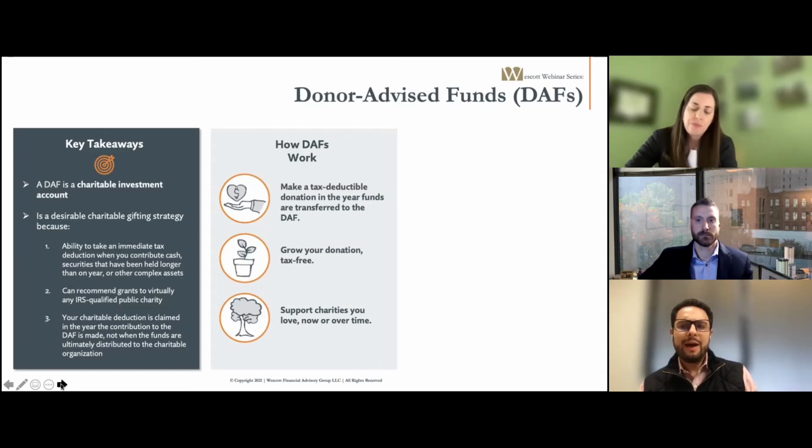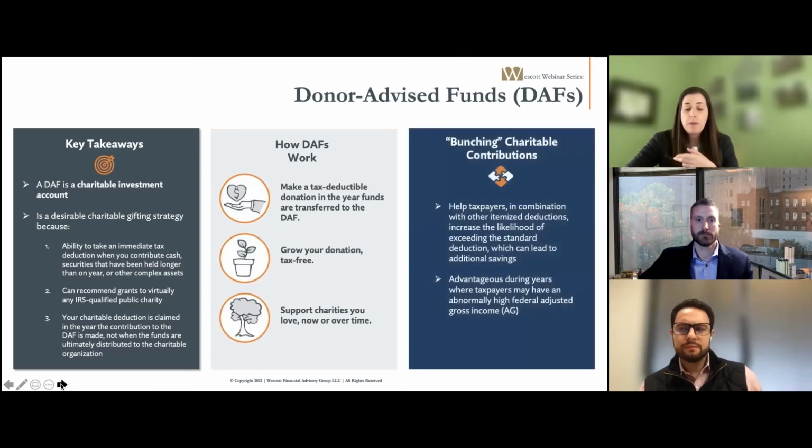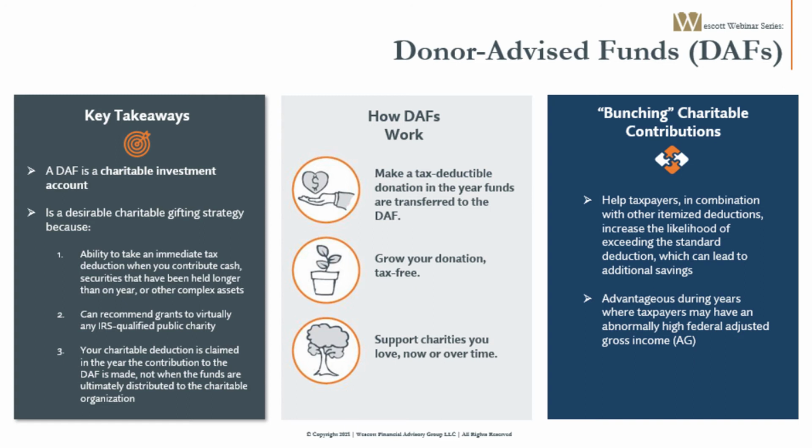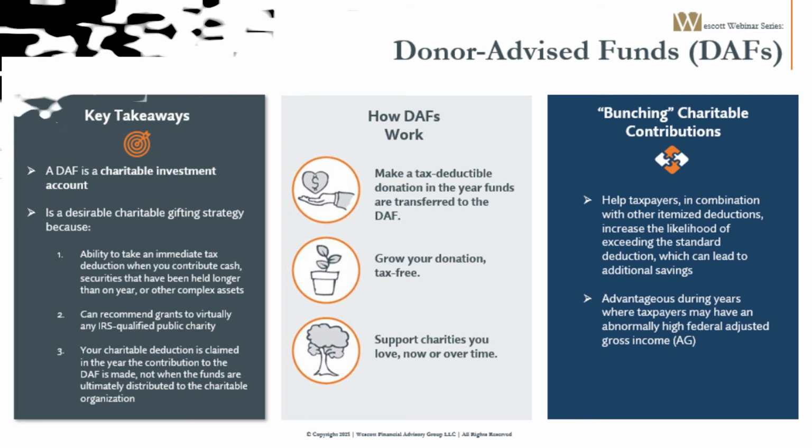Got it. Well, how about bunching charitable contributions? Is that part of the strategy as well? It definitely can be. So you can bunch charitable contributions both within and outside of a donor advised fund. Outside of? Sure. So if a taxpayer has an abnormally high federal adjusted gross income, AGI, in a given year, they might choose to bunch their contributions so they make a much larger gift than they typically would in one year.